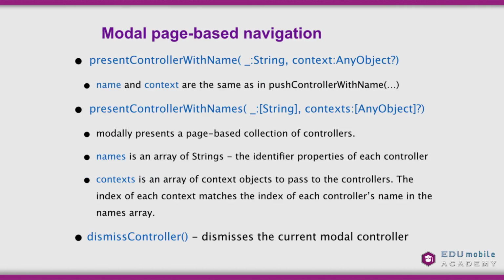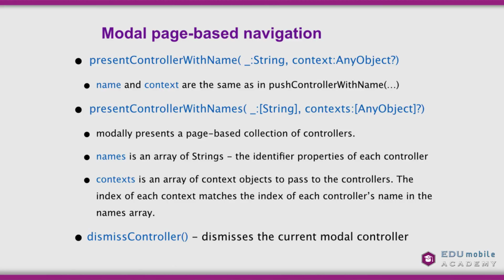Page-based navigation can either be done with segues, which we'll talk about in the next group of demos, but here we want to talk about modal page-based navigation. presentControllerWithName presents a single modal page. Name, again, and context are the same as in pushControllerWithName. presentControllerWithNames:contexts modally presents a page-based collection of controllers. Names is an array of those identifiers that we set in Interface Builder.